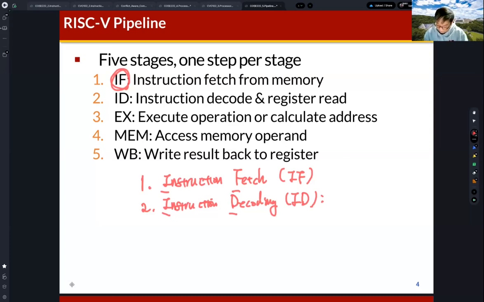When the instruction is decoded, we can access the register file to get the required read operands. So instruction decoding includes instruction decode and register read. And the third step is execution.